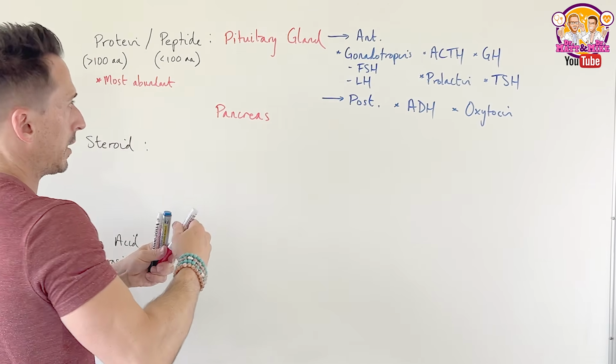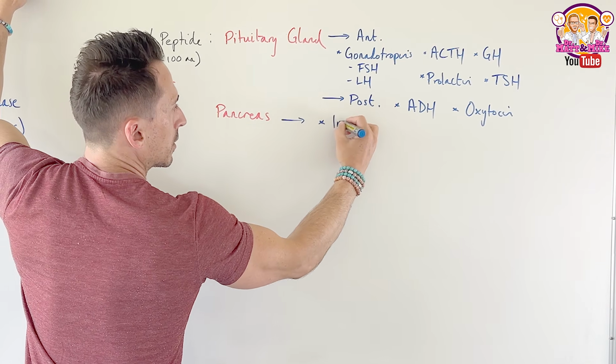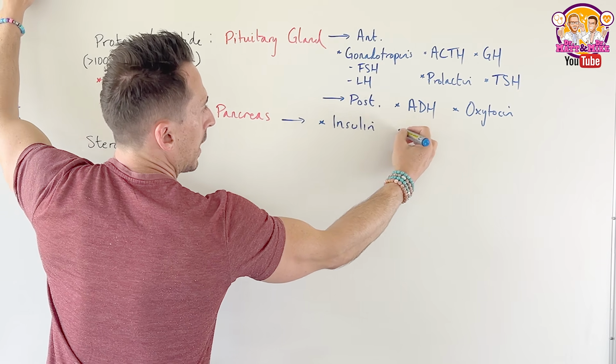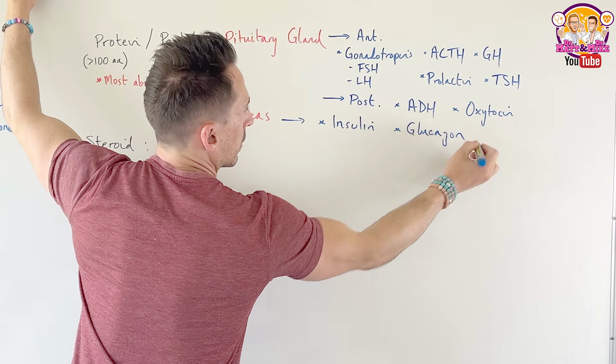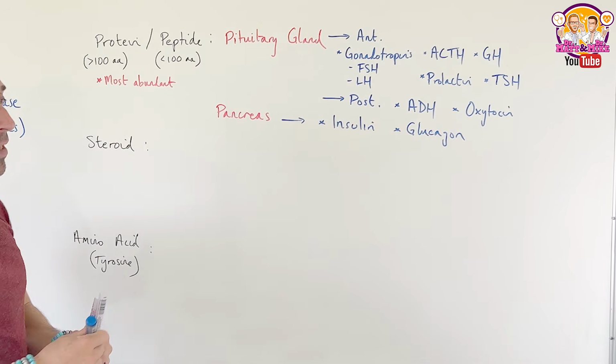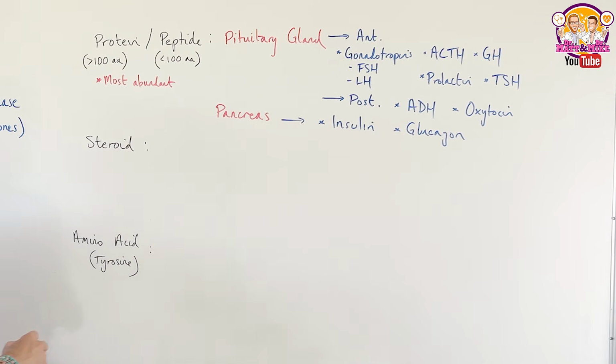So importantly, what are these? Well, these are going to be insulin and glucagon. There we go. That is not an exhaustive list, but a good list of the protein peptide based hormones that you should be aware of.